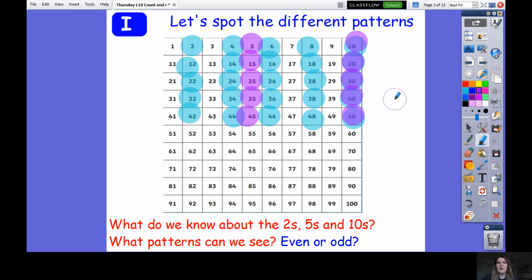Ooh, what's the pattern here with the fives? They either end in a 0 or a 5. Very good. Which means they're a mix of odd and even. The pattern goes odd, even, odd, even, odd, even, odd, even, odd, even. Very good. So that is our fives.